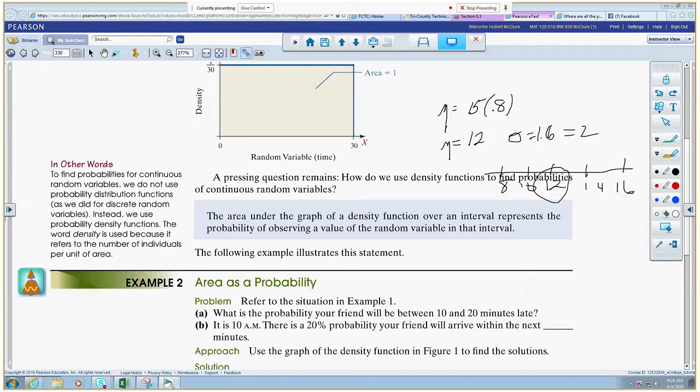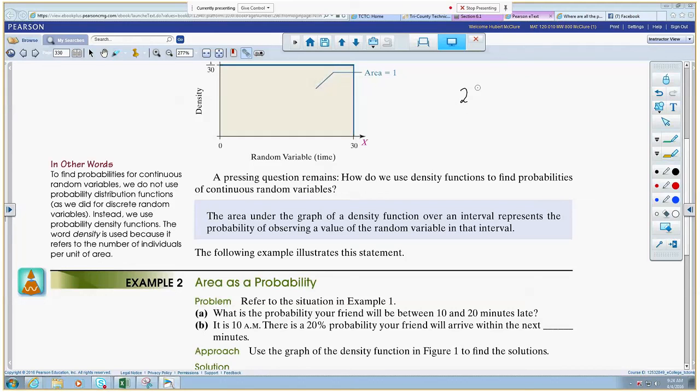Well, they're saying that 20% is equal to base times what? Height. Which one do we know? Do we know the base or do we know the height? We know the height. So 0.2 is equal to base times 1 over 30.